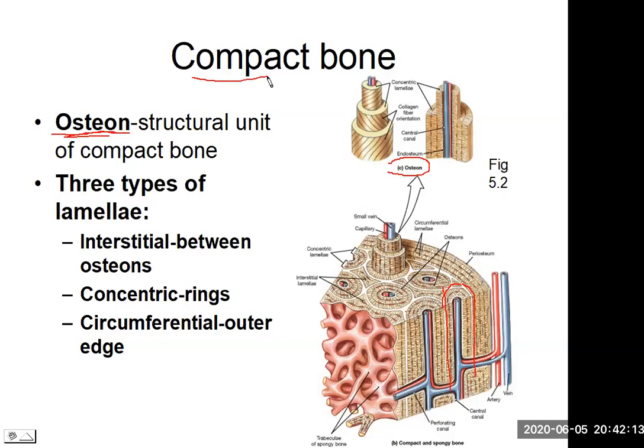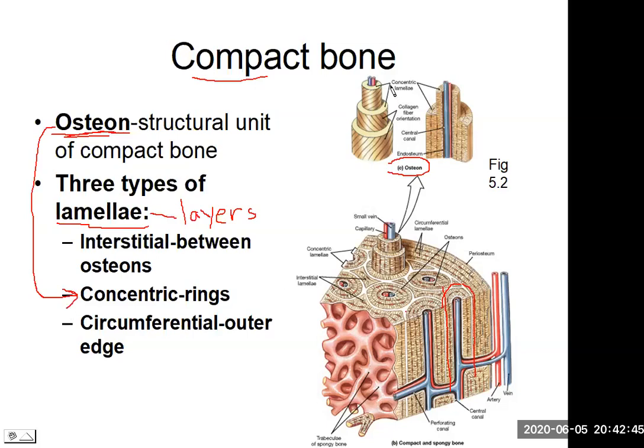However, there are three general types of layering that come all together to form compact bone. And we'll start with the term here, lamellae. That's exactly what they mean. The word lamellae means layers. So in this case, it's the layers of bone matrix, the layers of bone growth. And we'll start with this one here. The osteon itself is made of multiple concentric lamellae.